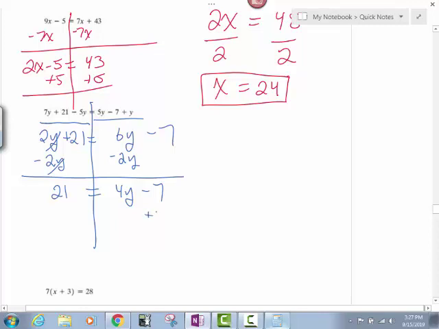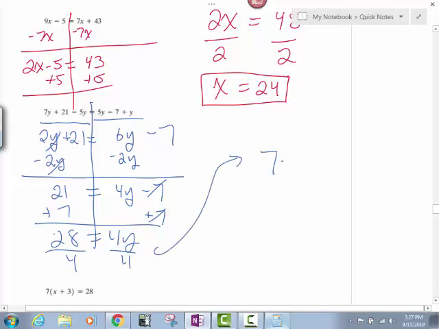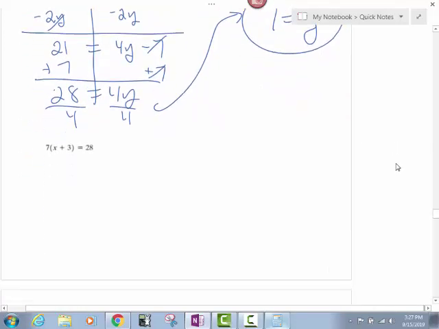We can go ahead and now add 7 to both sides. 28 equals 4y. We can divide both sides by the number 4. And we get 7 equals y. Good.